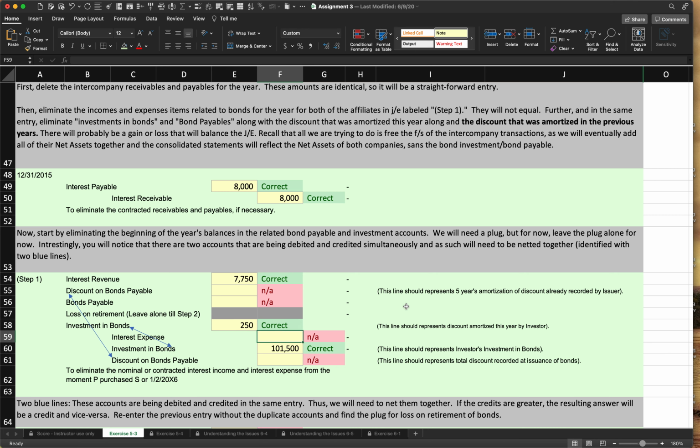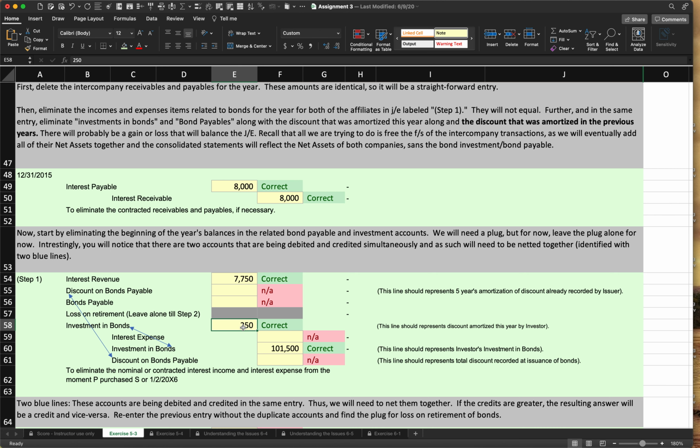That takes care of all of the components from the parent's point of view as far as the investment in bond is concerned, as far as the interest receivable is concerned, as far as the interest revenue they recognized and the amortization they recorded. So as far as the parent is concerned, all of the bond related transactions have been eliminated in this entry.